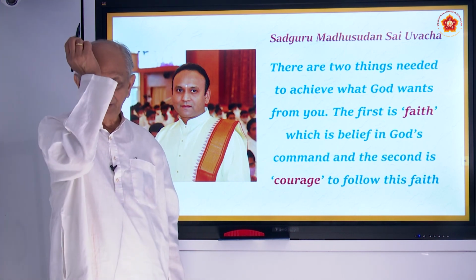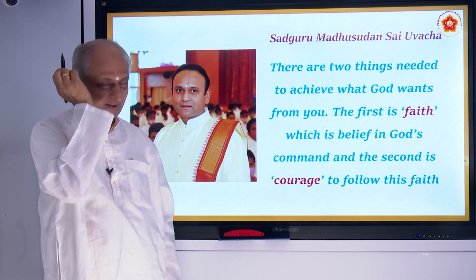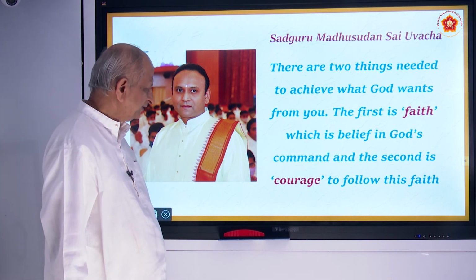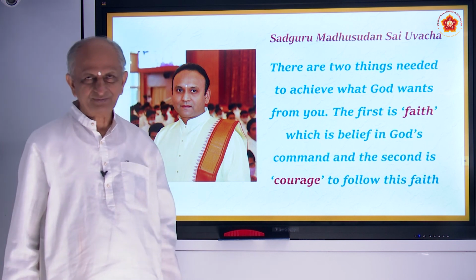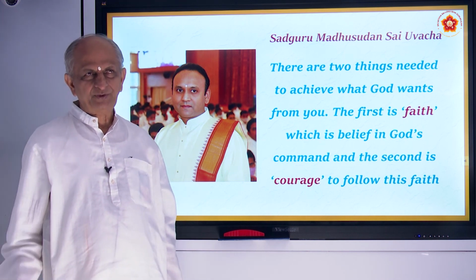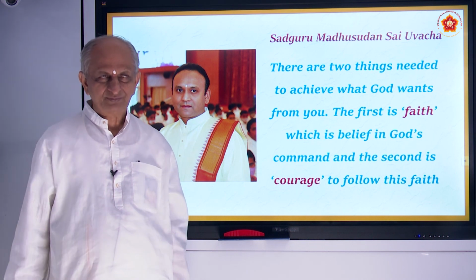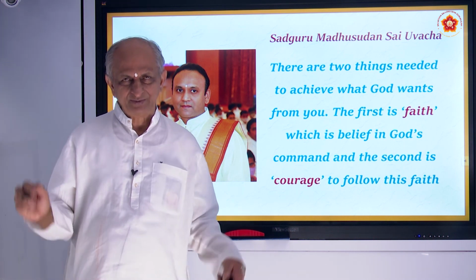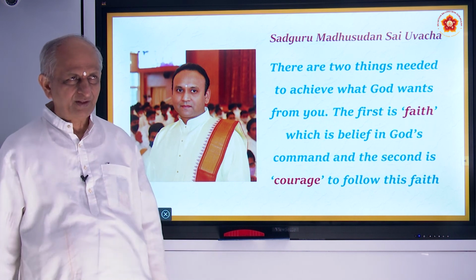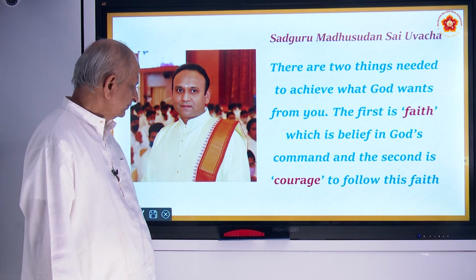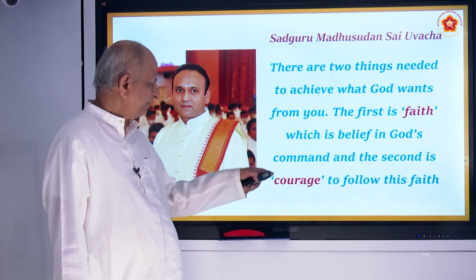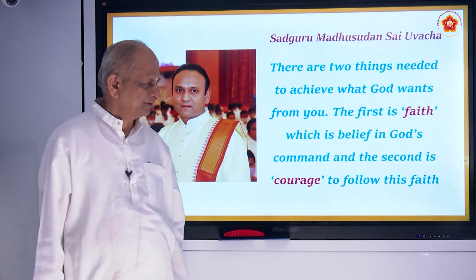Whatever God commands, you have to do it. That is faith. Second is courage to follow this faith. Suppose He says, do this, you must have the courage to do that. You should not worry about the results or any problems. You have to face it. So that is the two things you have to develop. One is faith and the other is courage.